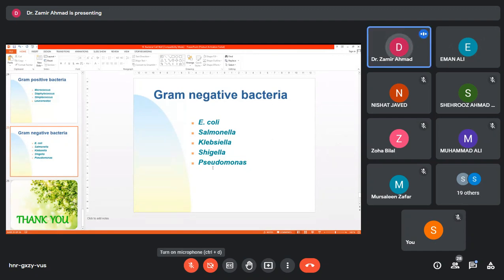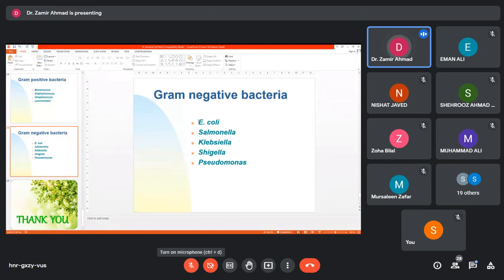Basically, Pseudomonas generally causes skin infection, but it can also cause gastrointestinal infection where it enters the intestine and the intestine is injured. But that is very rare, mostly it causes skin infection.